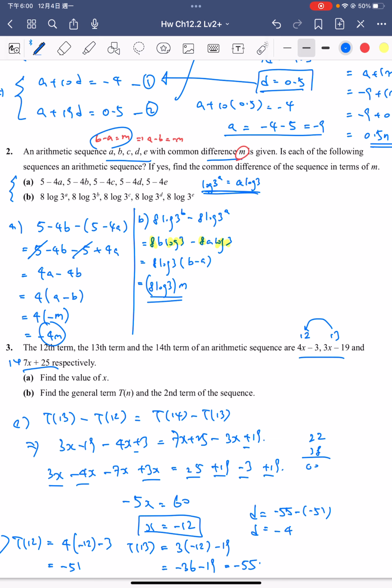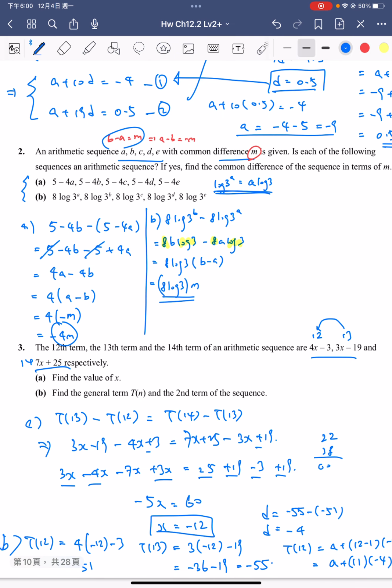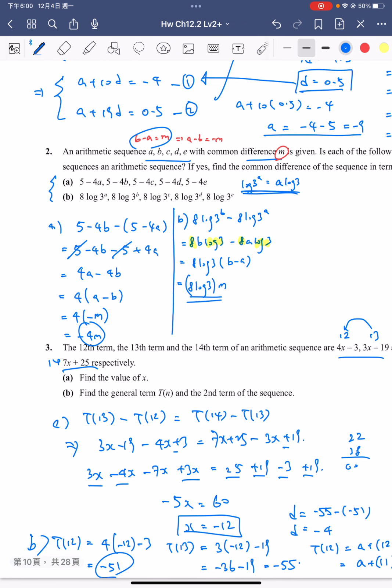Okay, so as we have T12 can be written as the first term plus 12 minus 1 times the common difference D, now we can say that the 12th term is equal to A plus 11 times negative 4, and the 12th term is actually just equal to negative 51. So just substitute here.